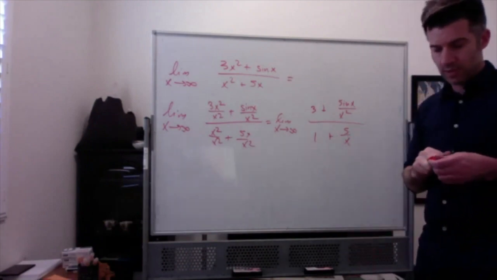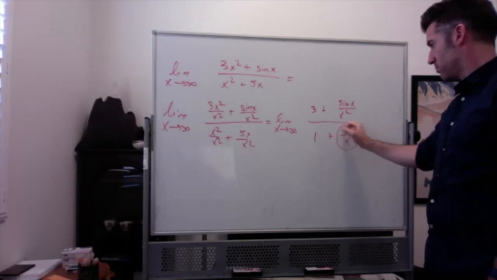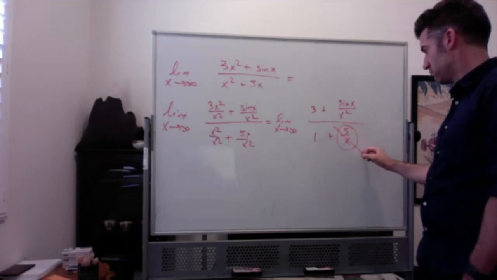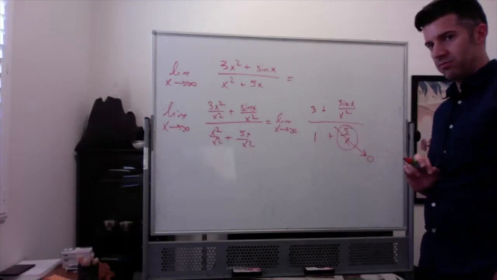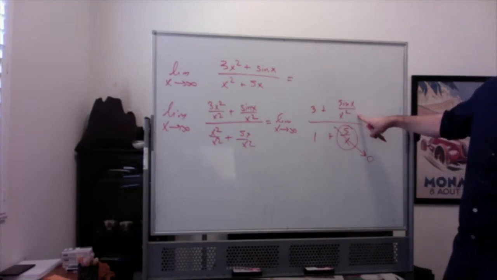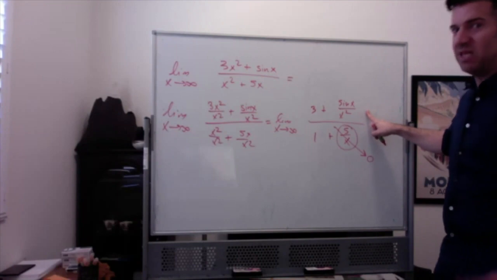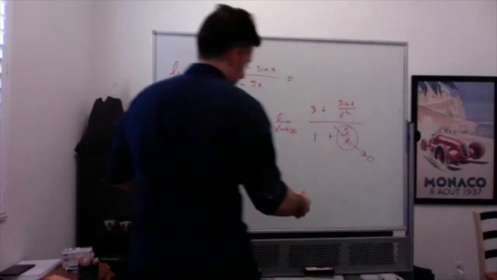Okay. So now what do we do? We know 5 over x goes where? To 0. What about sine x over x squared? Well, this is where you have to use the squeeze theorem again. So either way, when you do this problem, I think you have to use the squeeze theorem. So here's what I would probably actually do.